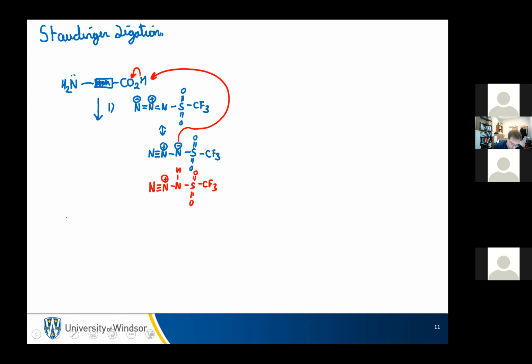And then I'm going to use my nitrogen as a nucleophile to attack the positively charged nitrogen and break the nitrogen-nitrogen bond. And that's going to give me my product.